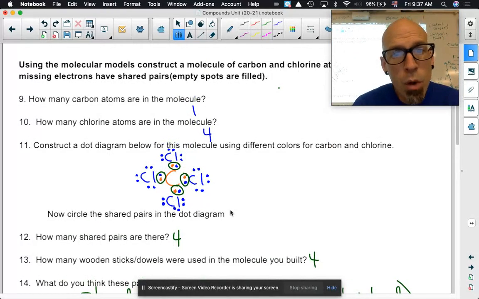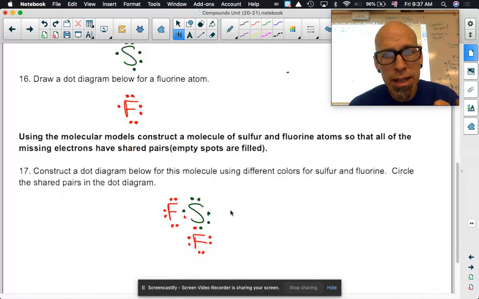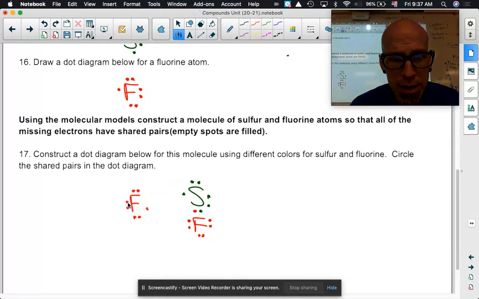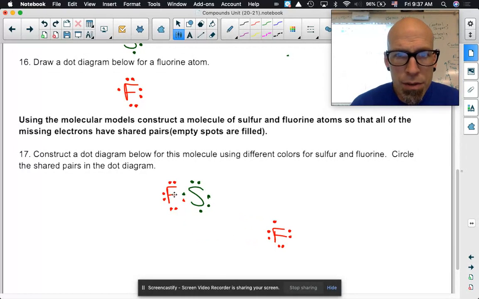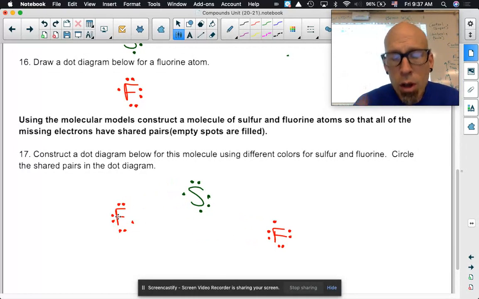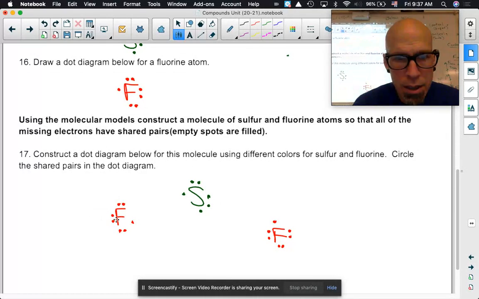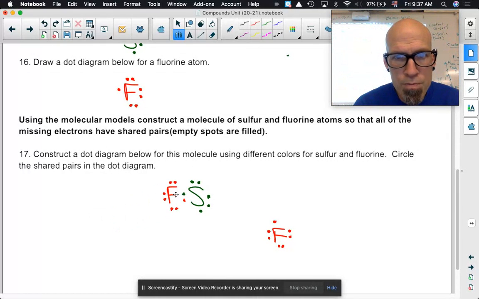If it didn't before, I hope you see it now. It's literally like plugging these in. If I can take this and just stick it right there like that, where the electrons come in as a shared pair like a puzzle piece, and this one goes up here like that. So again, if you can hopefully envision this like puzzle pieces, easy does it.